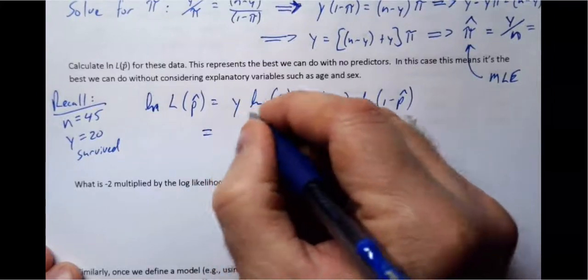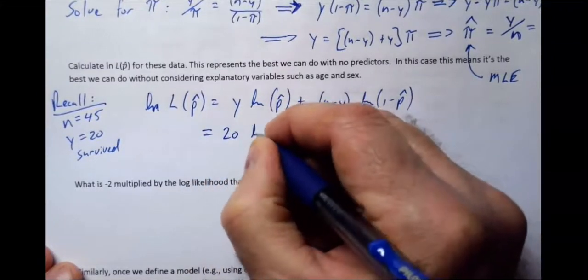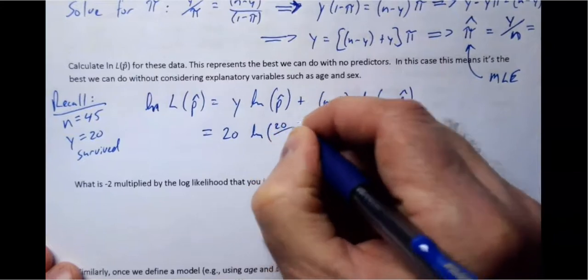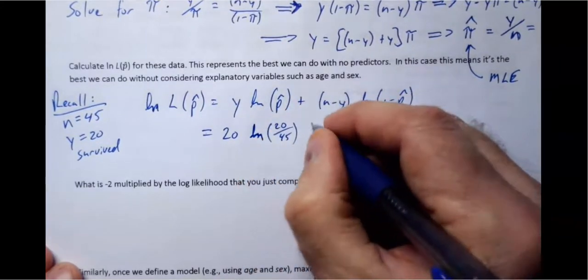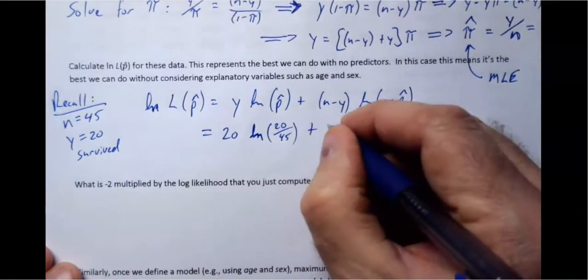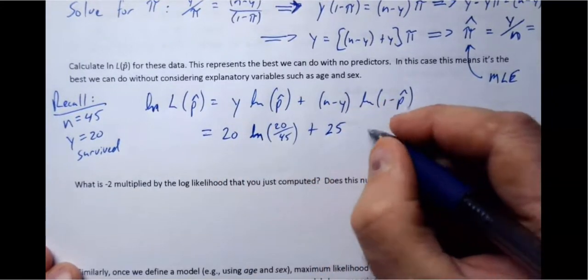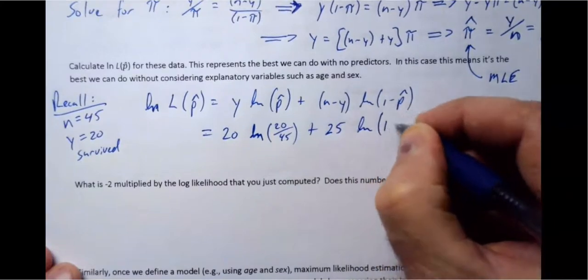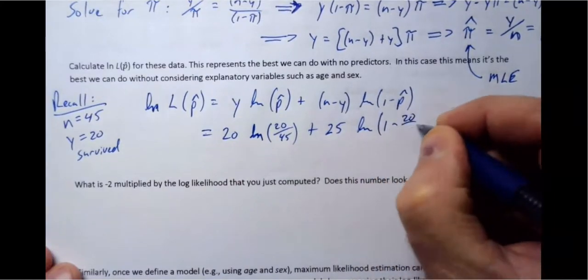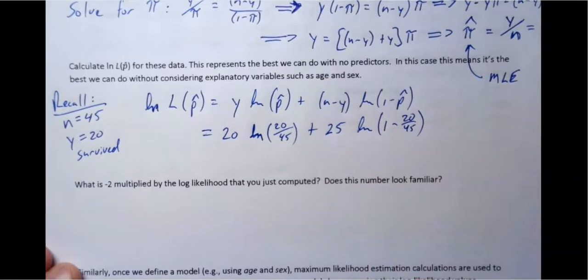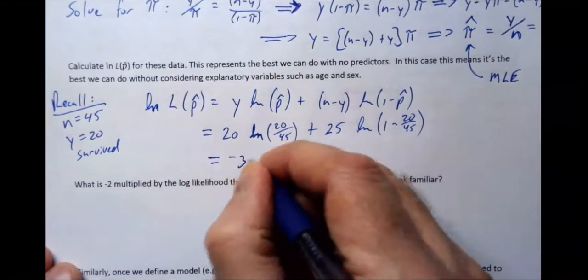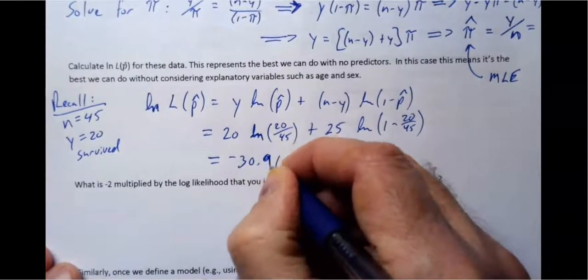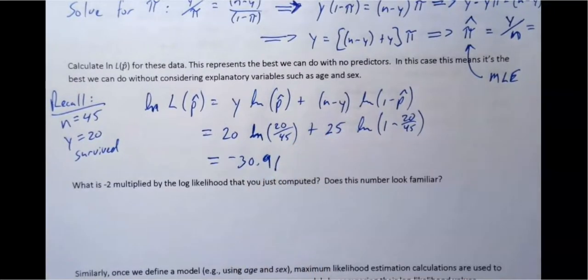We have 20 survived times the log of 20 over 45, plus, that means that 25 did not survive in our data set, times the log of 1 minus 20 over 45. And if you calculate that out, you'll get negative 30.91.